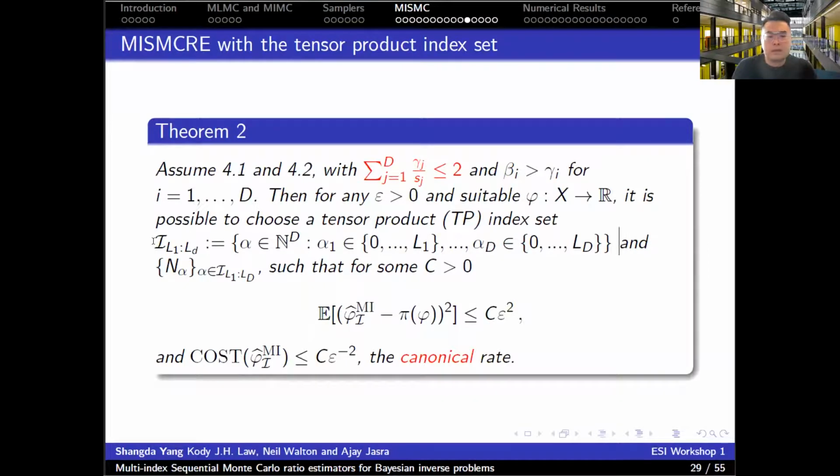I will show you later. And here is the tensor product index set. If we use this index set and follow the previous assumptions, we end up with the canonical rate, epsilon to the power of 2, given a cost of epsilon to the minus 2.